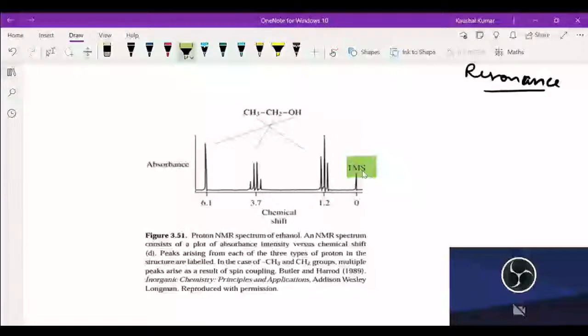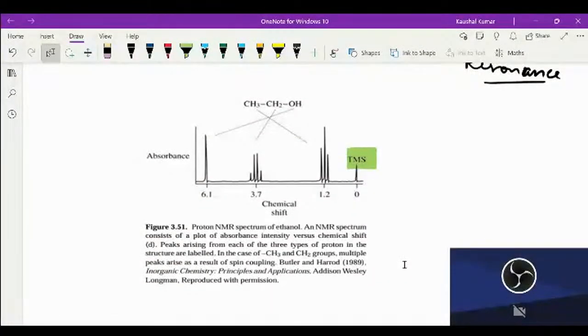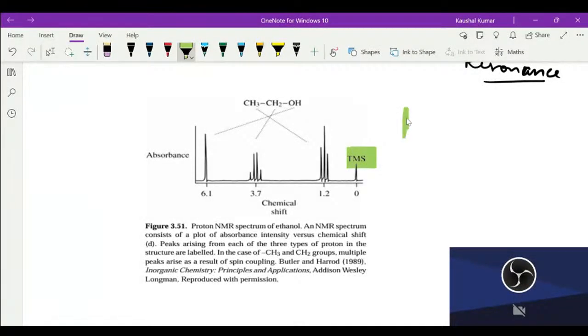So, up to here, you understood? TMS has a zero value because it is not deflecting the magnetic field. TMS, as we found, so these will be the peaks. They will ask the number of peaks for any molecule. This is the important formula, you have to remember it. So how many peaks will you get in the following case?